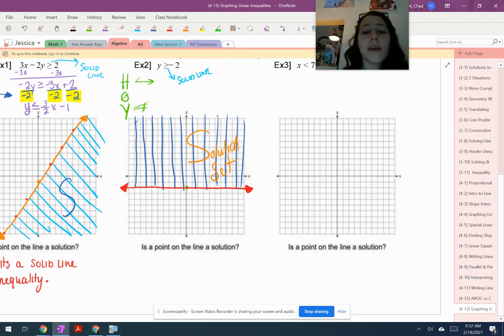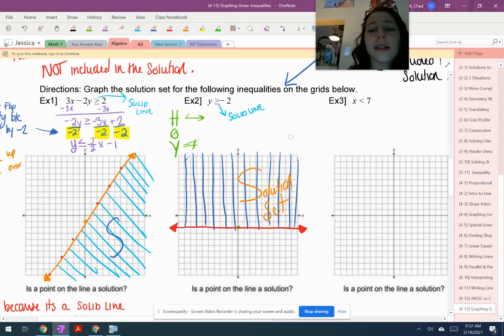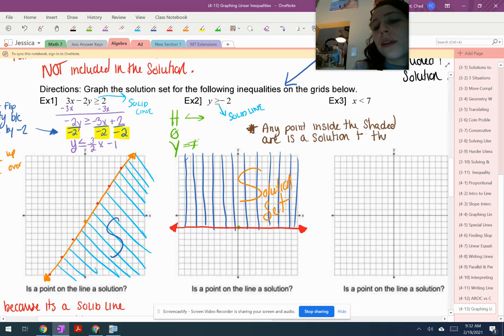Let's write that down. Let's use a color that we haven't yet. So any point inside the shaded area is a solution to the inequality.